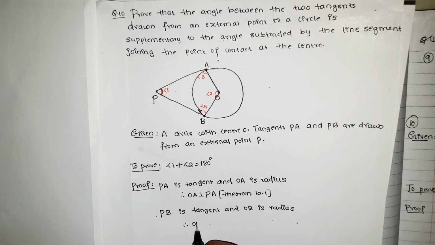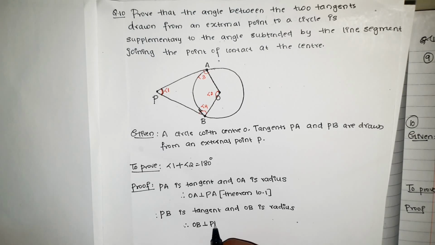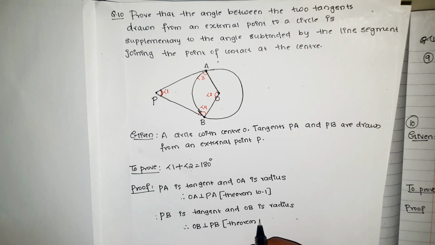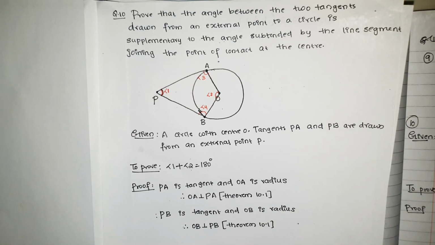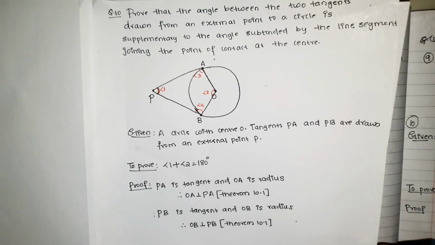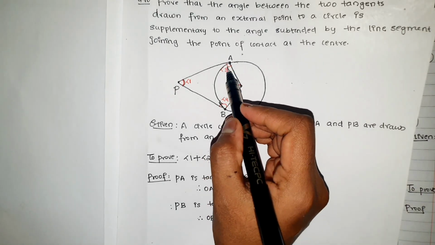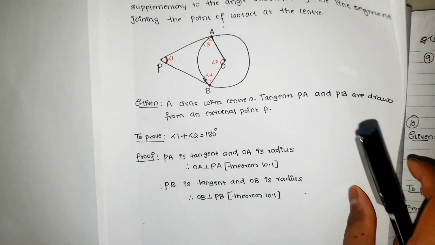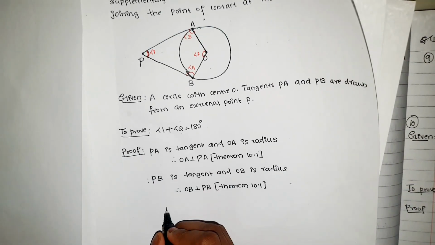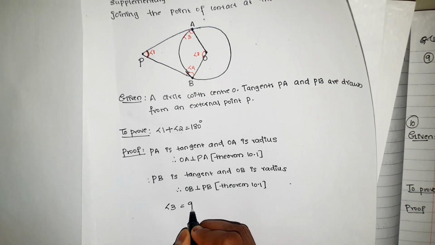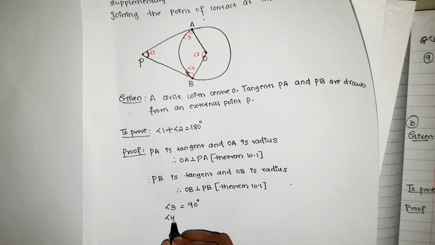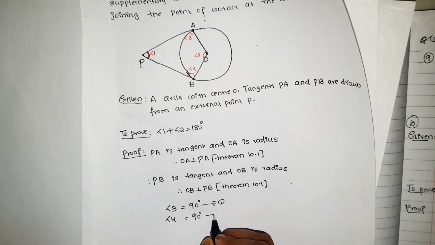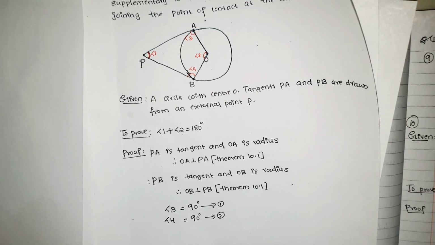Therefore, OB is perpendicular to PB, theorem 10.1. Okay, so this angle 3 is equal to 90 degree and angle 4 is equal to 90 degree. I am giving this as equation 1 and this as equation 2.